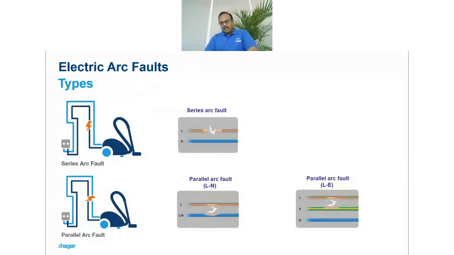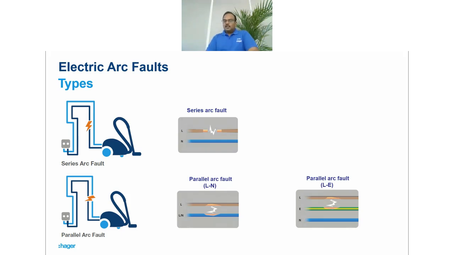You will also see in these two cases, line and a neutral, we always know when it happens, it becomes a short circuit. But we are here talking about arc fault. So the difference here is its magnitude. The short circuit is really a direct contact, and the short circuit current goes up to, we know that, thousands of amps or 10,000 amps.